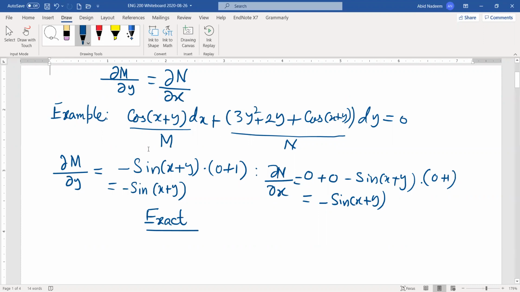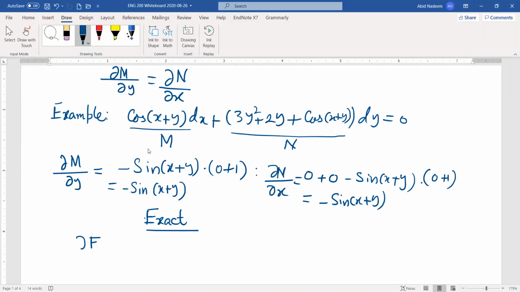Once we see that the equation is exact, we can find its solution. Let's assume the solution is represented by capital F. At this moment we don't know what that solution is.